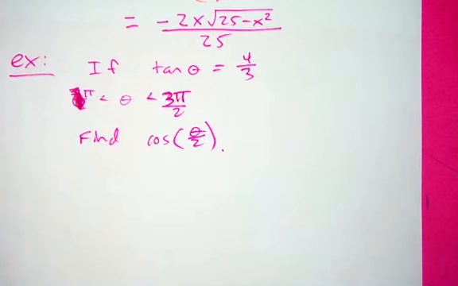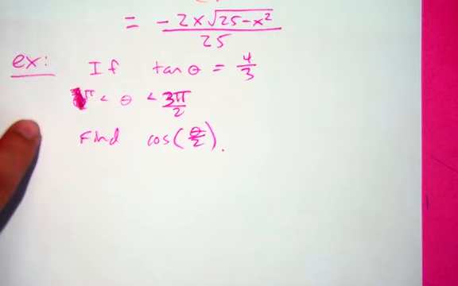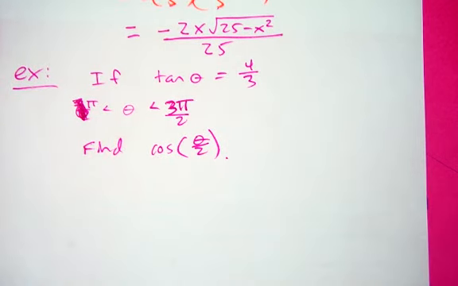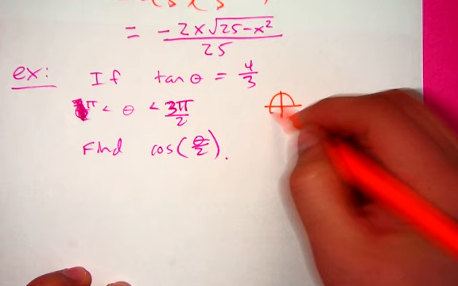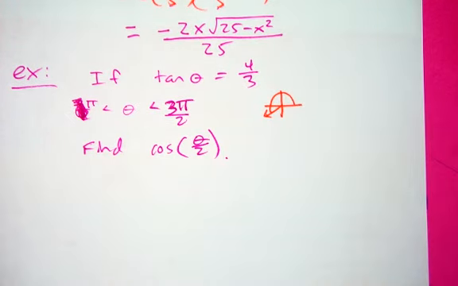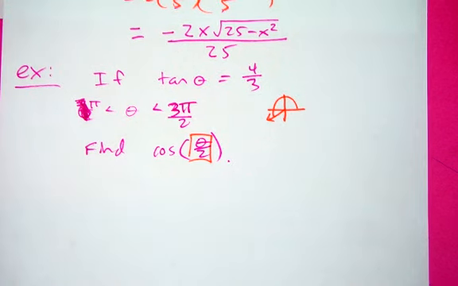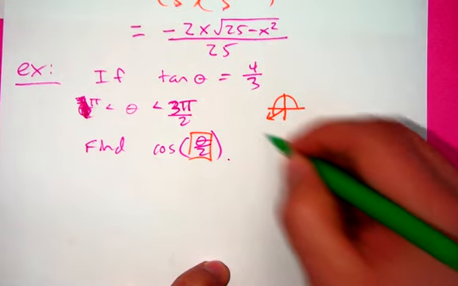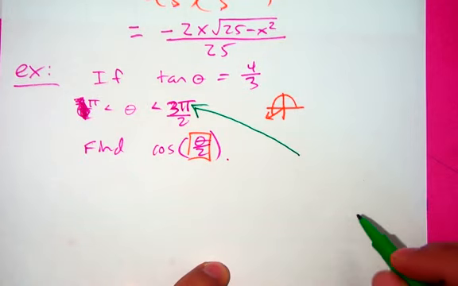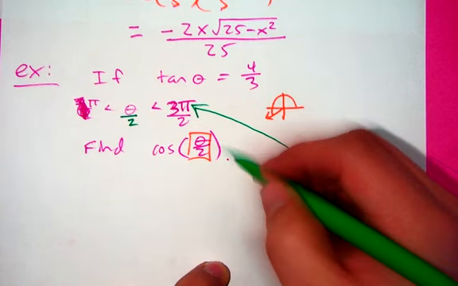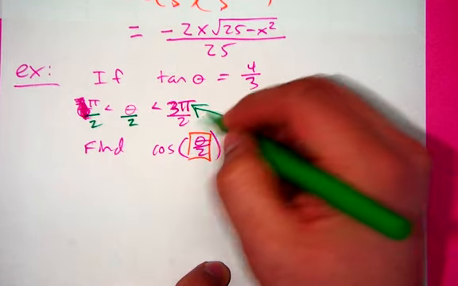Okay, so we know that the tangent is 4/3. We know our angle is in what quadrant? Third. But now we're interested in half of theta. So what we can do is take this inequality first, and I'm going to divide everything here by 2. You guys see what I'm doing here?